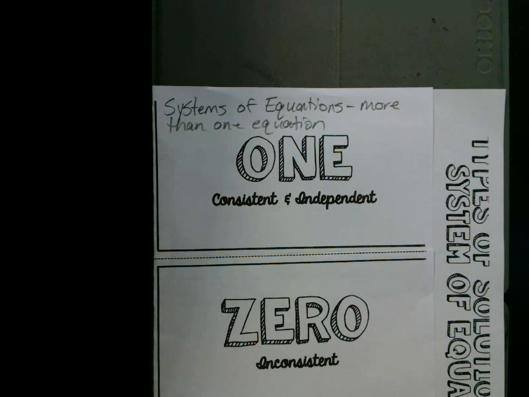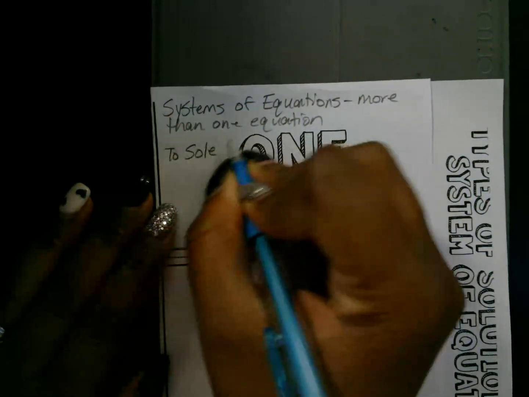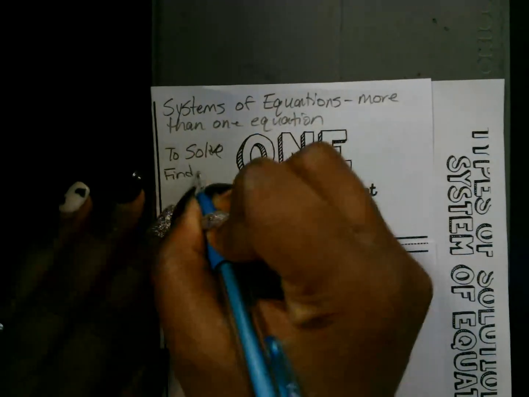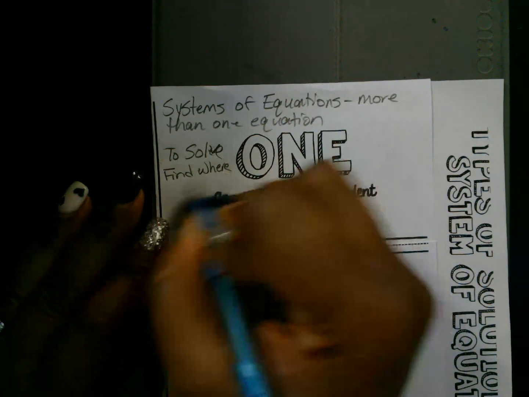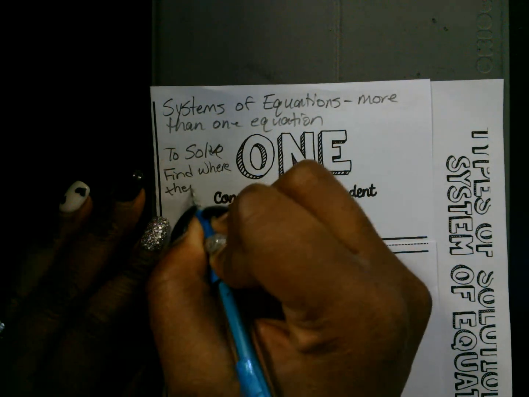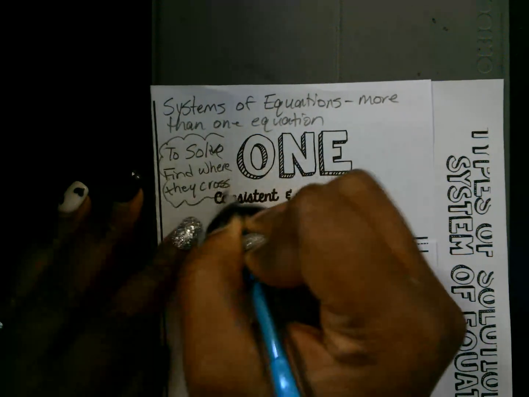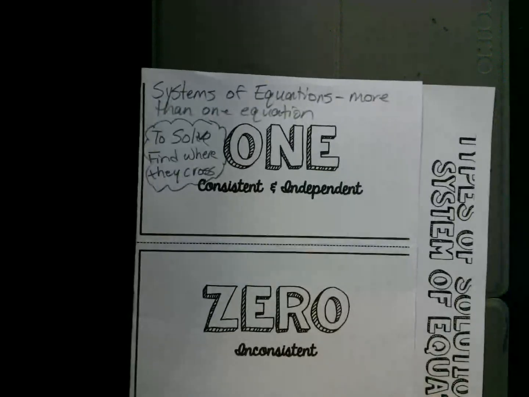When you're solving a system, that means you're finding where they cross. To solve, find where they cross.